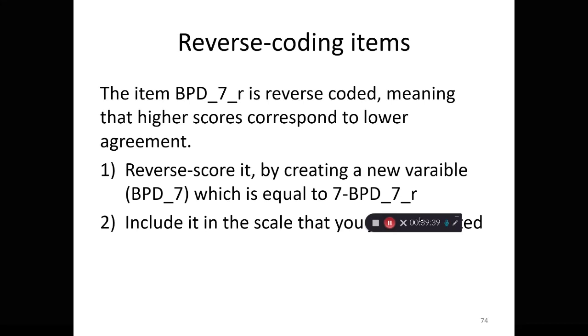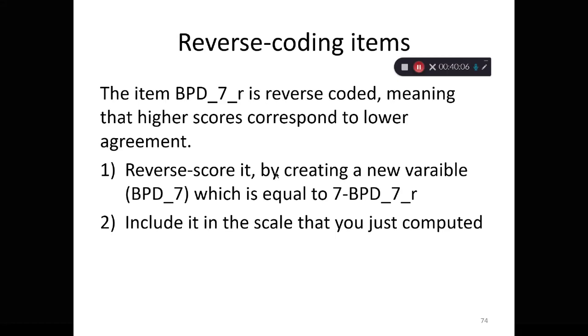What do you do? Well, you first want to reverse code the item. So create a new variable, bpd7 without the underscore, such that smaller values of BPD indicate less pathology and higher values indicate more pathology. To do that, it's sufficient to compute the sum of the maximum and the minimum of the scale.